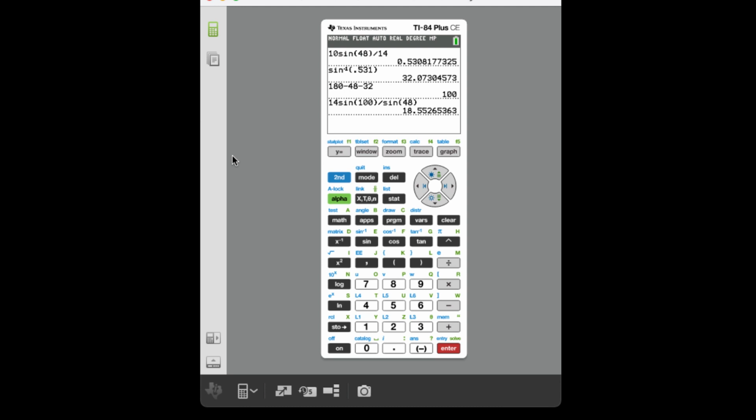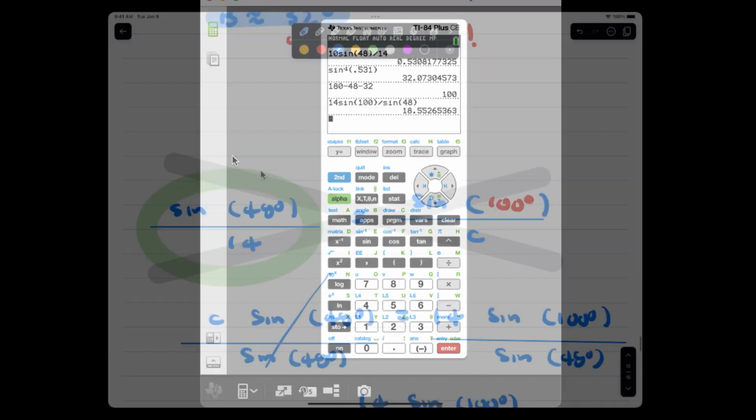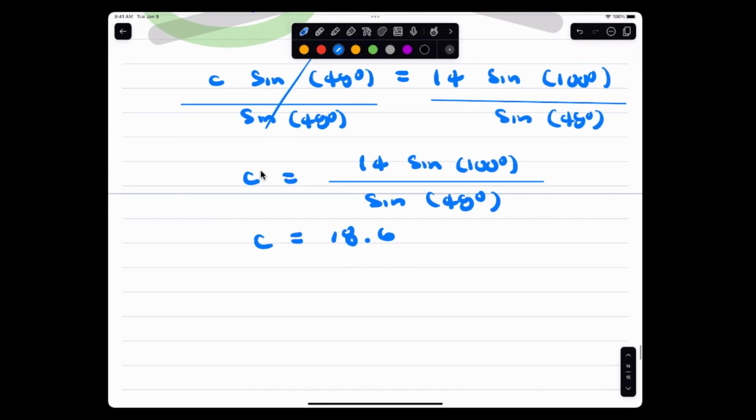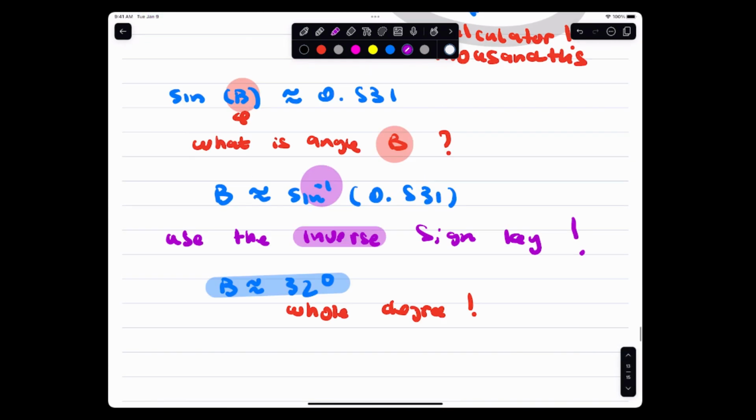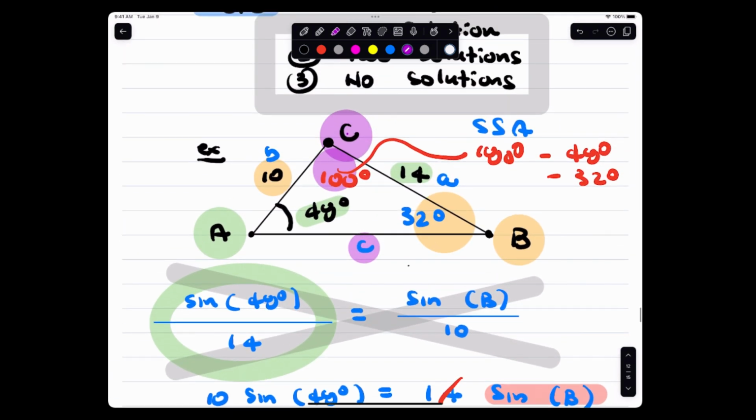What color was c? I think that was in purple, right? So we get 18.6. Let's color it purple. Go back here, and you have now found everything you need to find. 18.6.